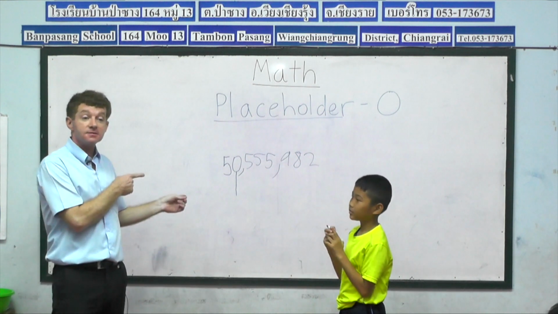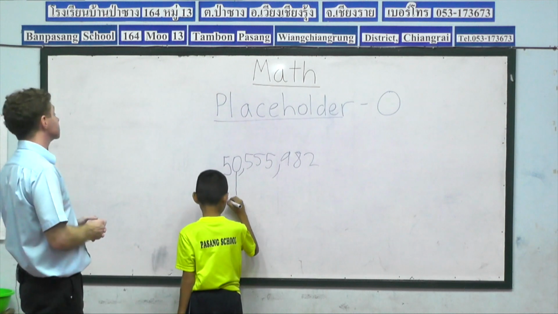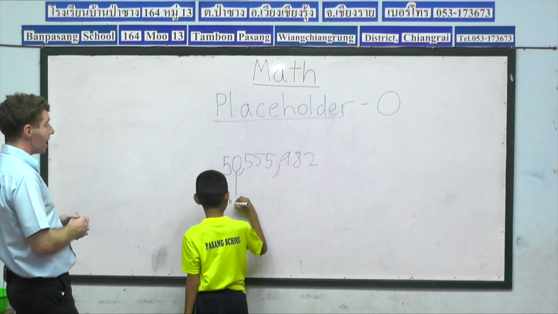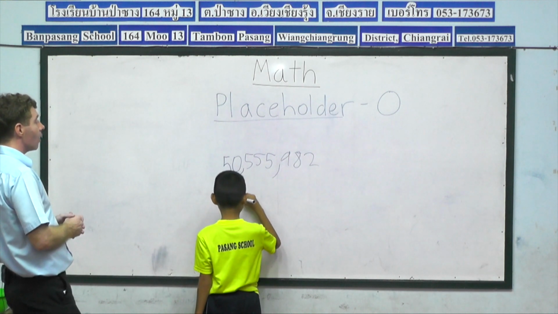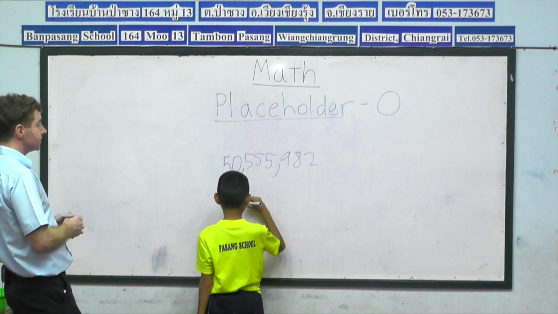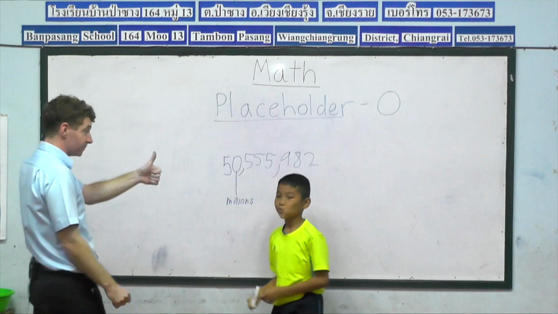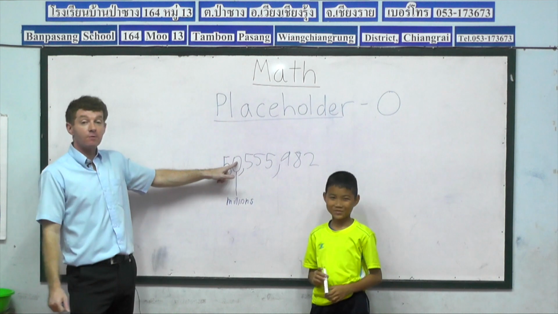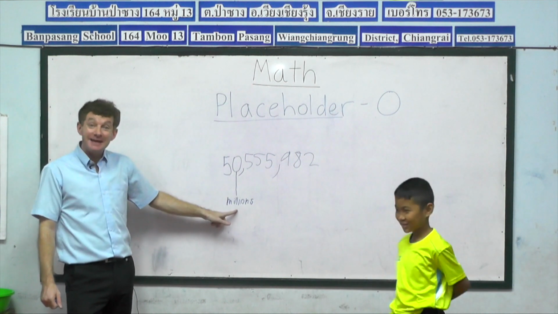Where is it, guys? Millions. So how do we spell millions? M-I-L-L-I-O-N. Excellent. And then S. Brilliant, Bangpon. So our 0 is the placeholder of millions.